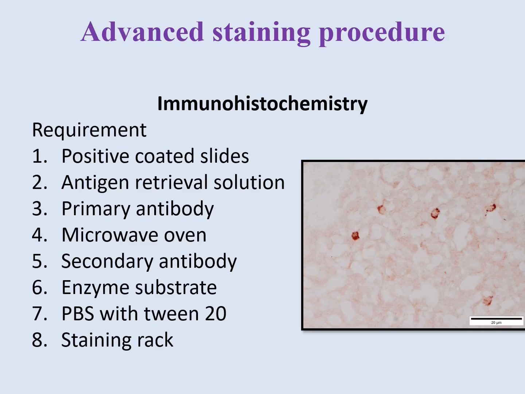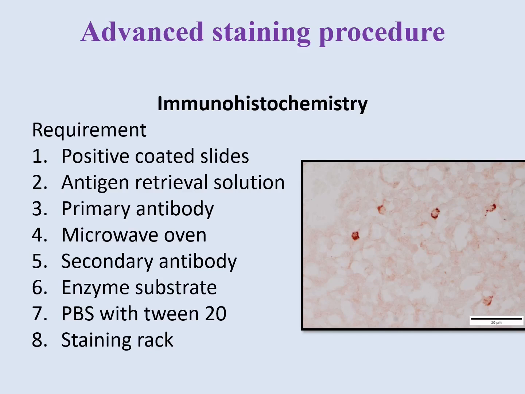After applying the primary antibody, we generally use a secondary antibody. The secondary antibody is tagged with some enzymes. After applying the secondary antibody, we apply the substrate for that enzyme. The substrate gets cleaved by the enzymes present on the secondary antibody.